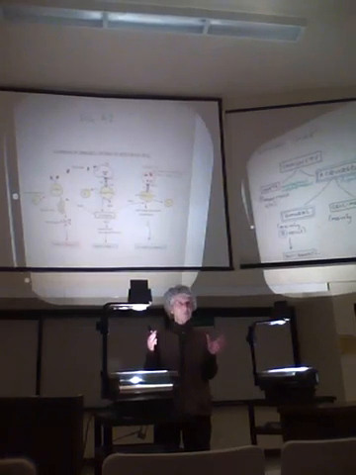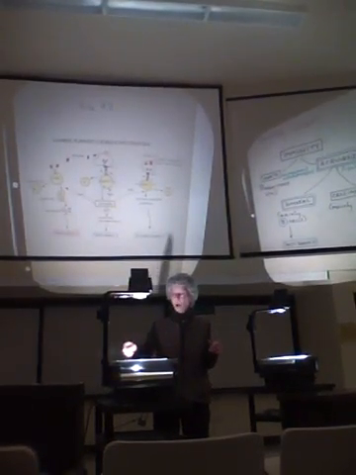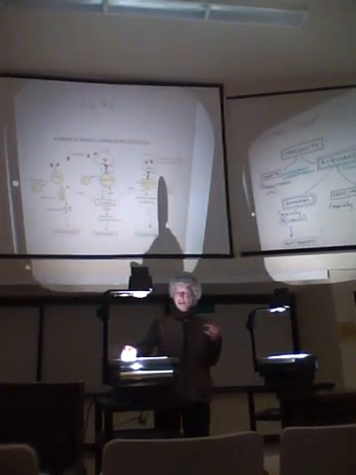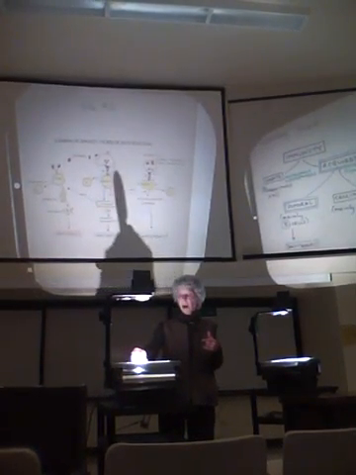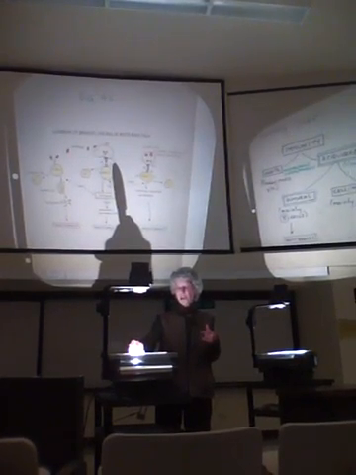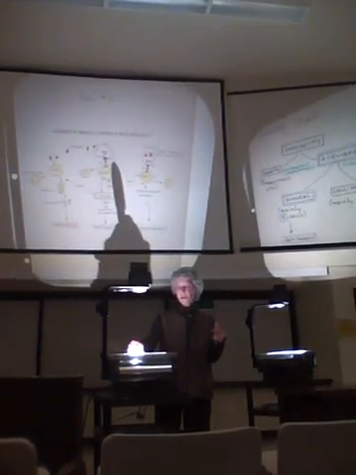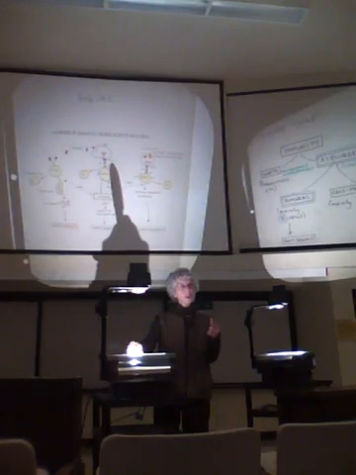So remember, there's two different main classes of MHC. MHC1 is on nearly all cells in the body, while MHC2, although it's not shown here, is only on the professionals.